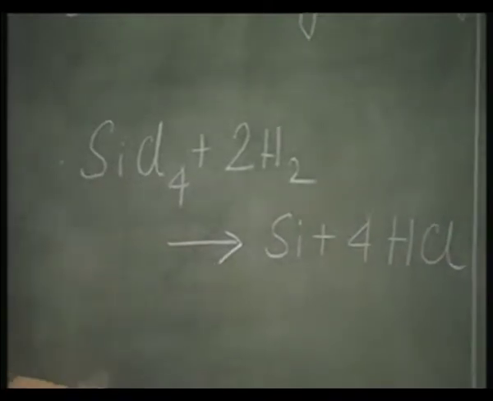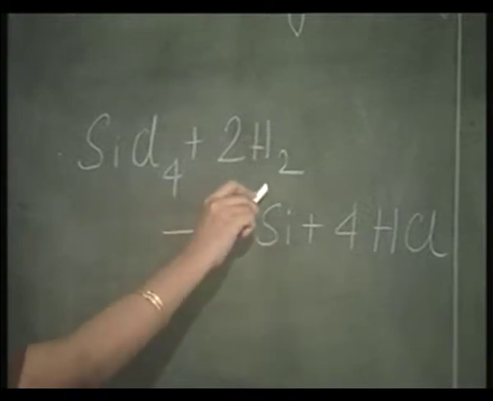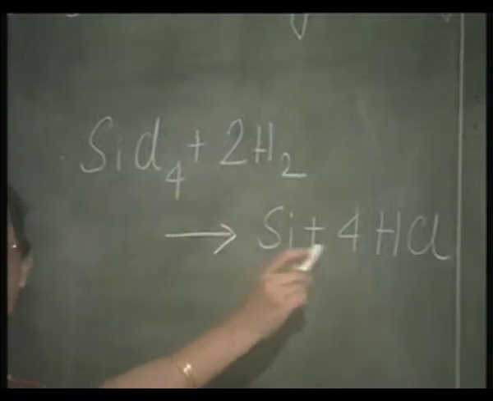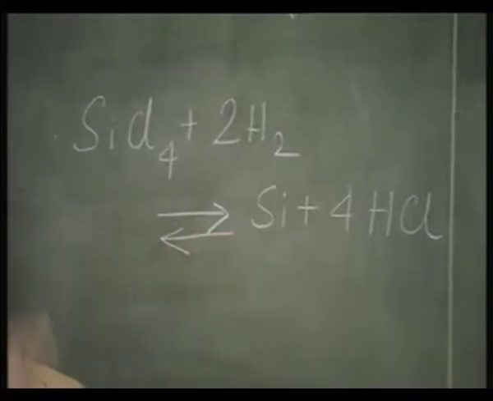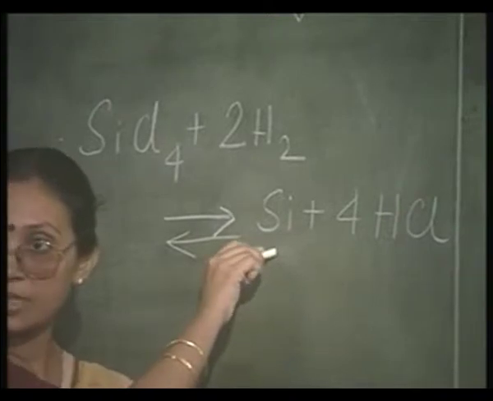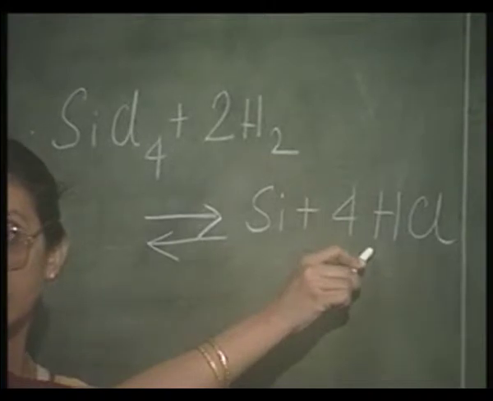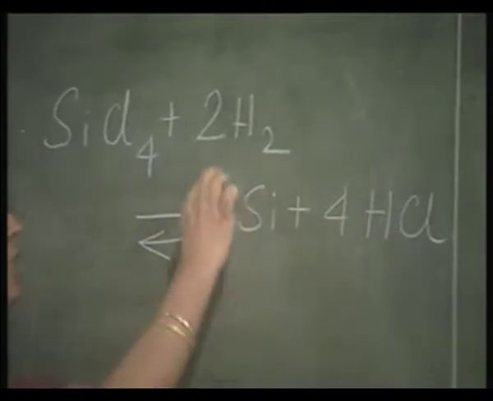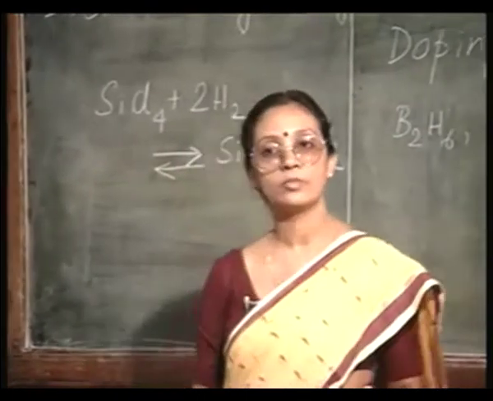This is the epitaxial reaction. Silicon tetrachloride plus 2 hydrogen gives rise to silicon and 4 HCl. But I told you that these reactions are reversible. So, now you have silicon, that is the sample surface, and you are passing anhydrous hydrogen chloride diluted with hydrogen. Therefore, the reaction proceeds in this direction and you have etching of the sample.